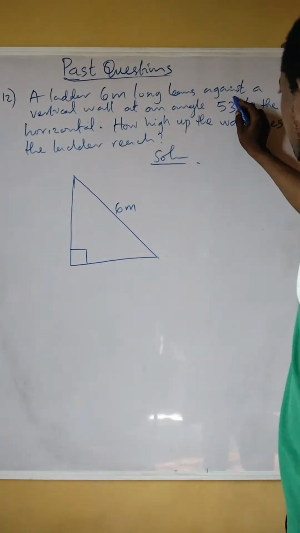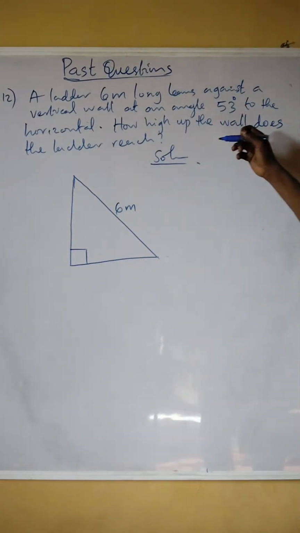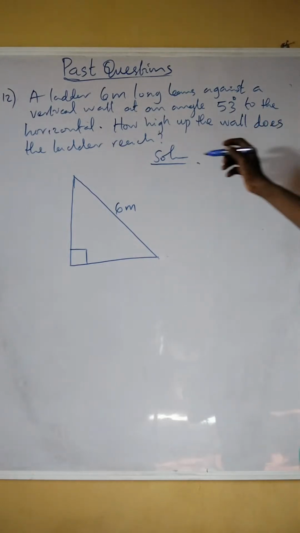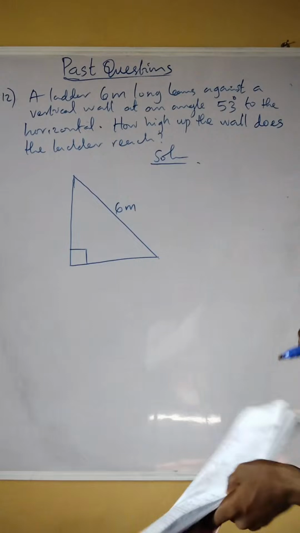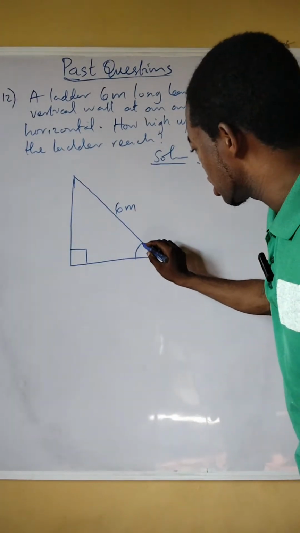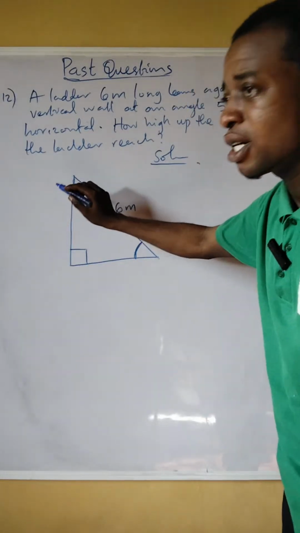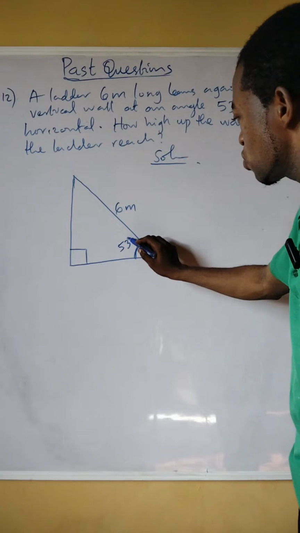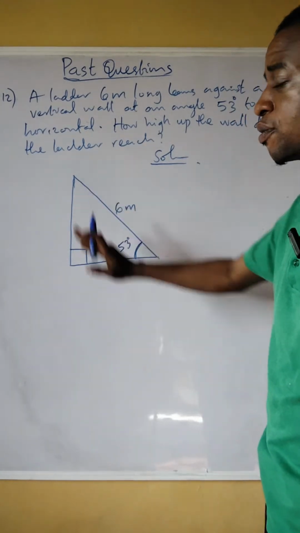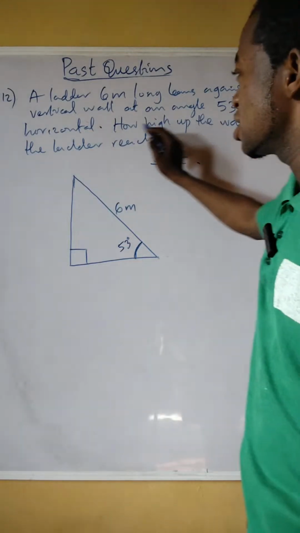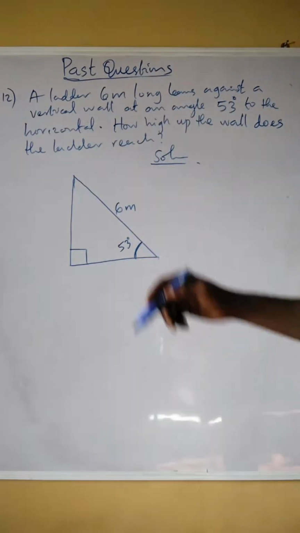And this angle here, 53 degrees, is the angle that the ladder makes with the horizontal. So please take note. This ladder makes two angles here. One is with the horizontal, and one is with the vertical, which is the wall. So this 53 degrees should be here and not here. If you mistakenly put it here, you will get it wrong, because they stated clearly that 53 degrees is the angle made with the horizontal.